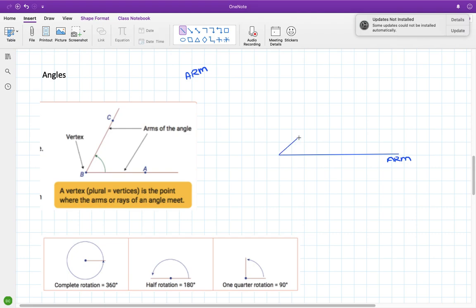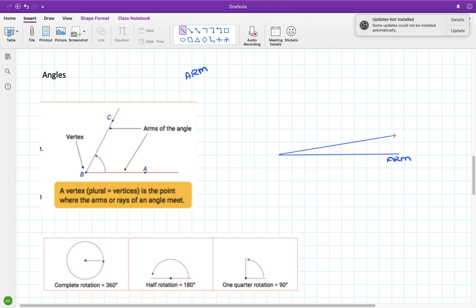So there's one arm. Now, if I draw the second arm, I have control of it now. If I put that here, that makes a very, very small angle. As I lift it up, the angle is getting bigger. Does that make sense? I can rotate it and keep on going, all the way back around.